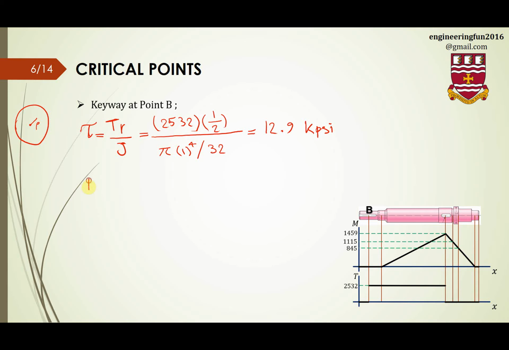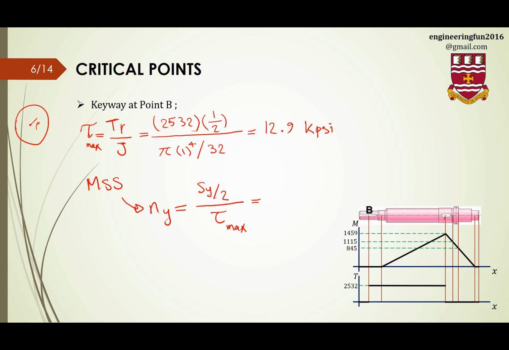So we're going to use the maximum shear stress theory from chapter 5 or chapter 4 of Shigley's book, and based on that theory, Ny will be Sy over 2 divided by the maximum shear stress.